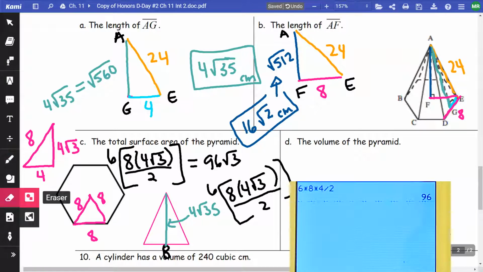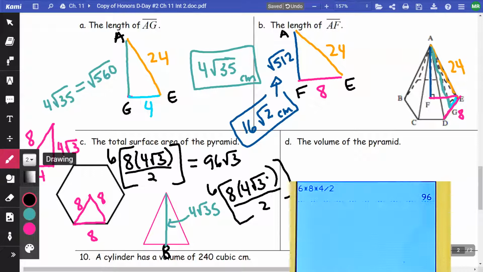And again, that was a root 35. Okay, so 6 times 8 times 4 divided by 2 is 96. So this is going to be 96 root 35 is the sum of all 6 of these.